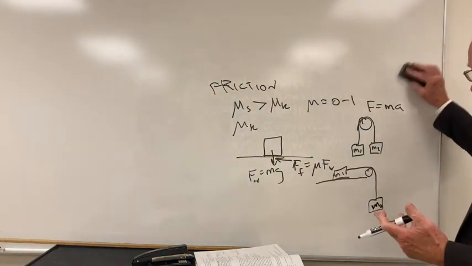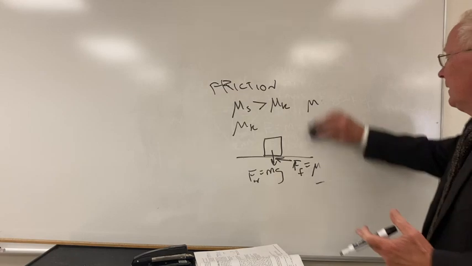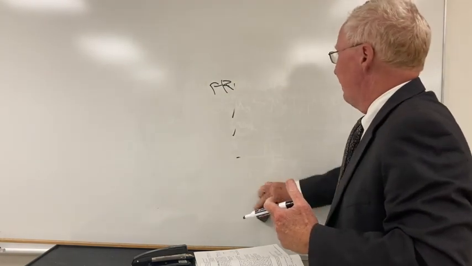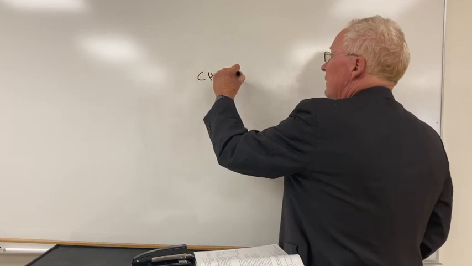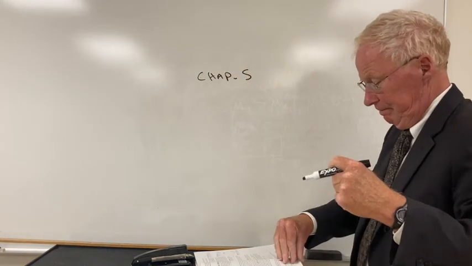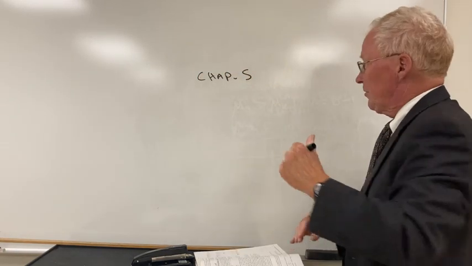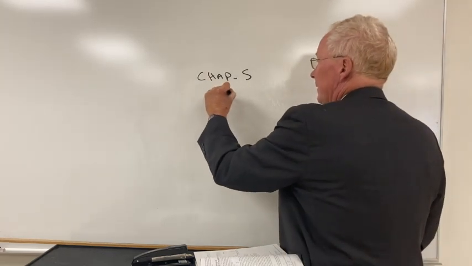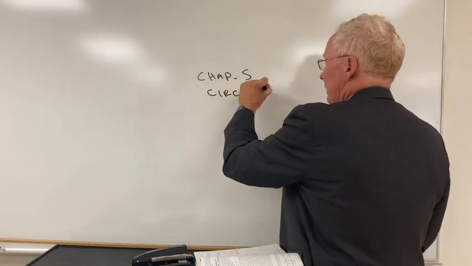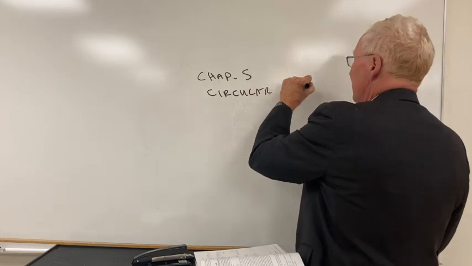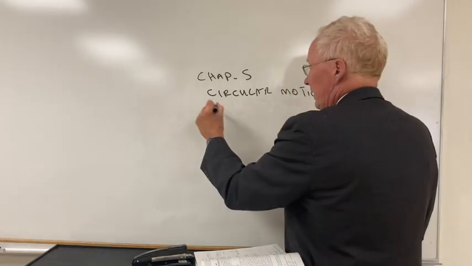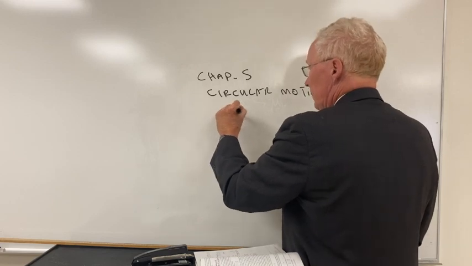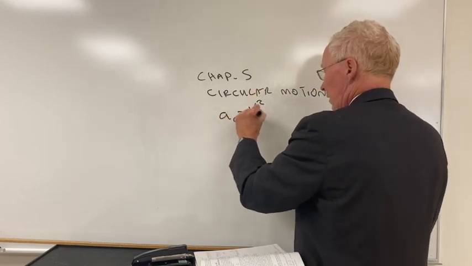All right, so that's chapter 4. Moving on to chapter 5 and the problems of chapter 5. That's circular motion. Circular acceleration is v squared over r.